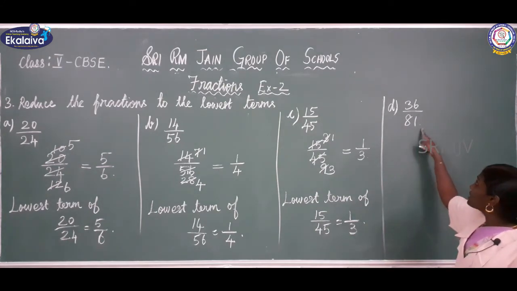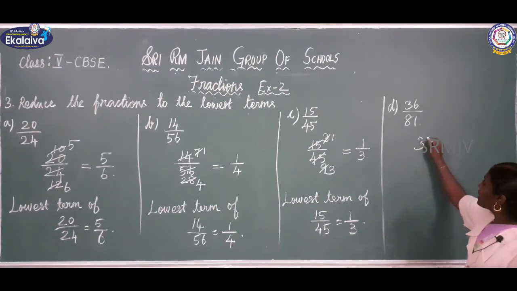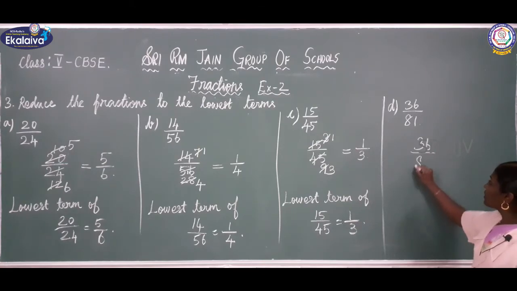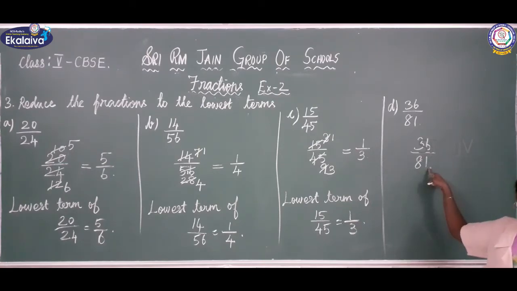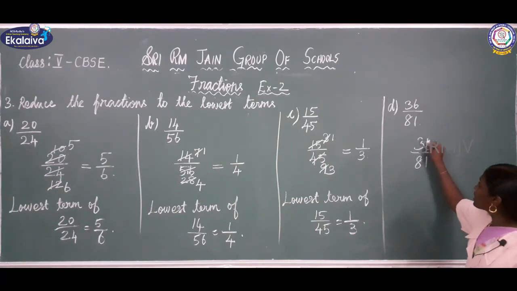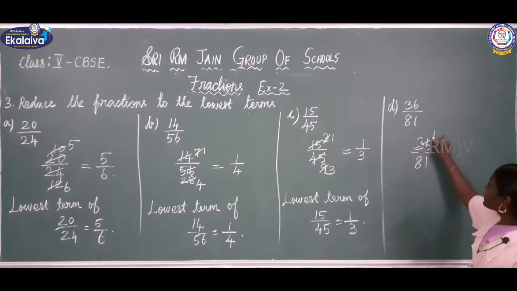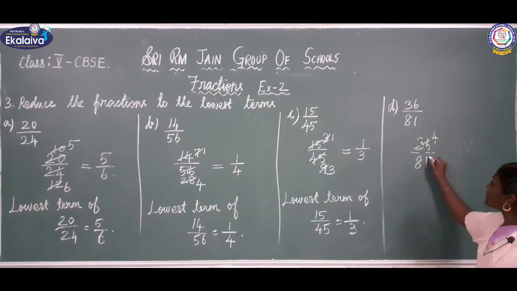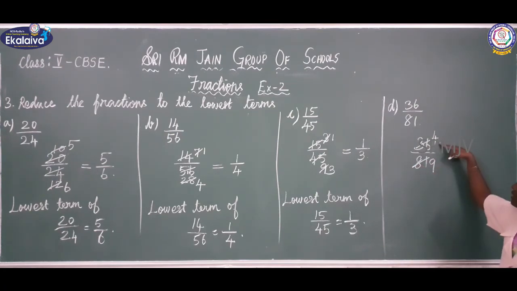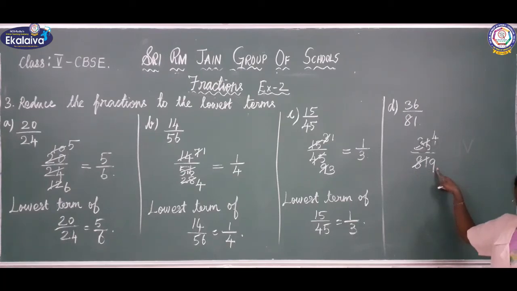The next fraction is 36 by 81. Okay, 36 and 81 are divisible by 9. So I am going to reduce the numbers by 9. In 9 table 4 times 36, in 9 table 9 times 81. Here now we got 4 by 9. 4 and 9 are composite numbers, but they are having only 1 as the common factor.